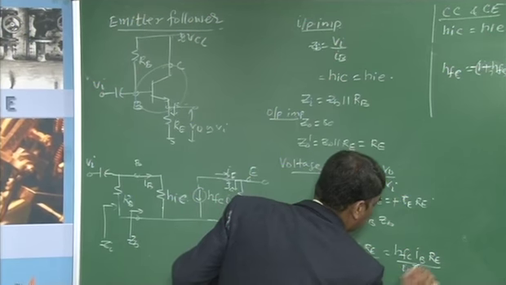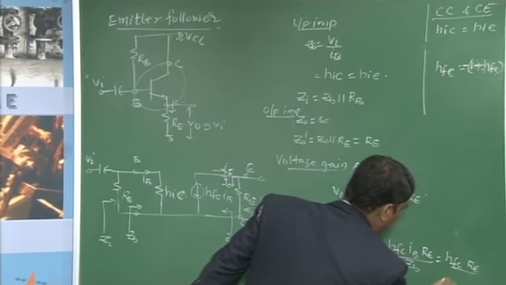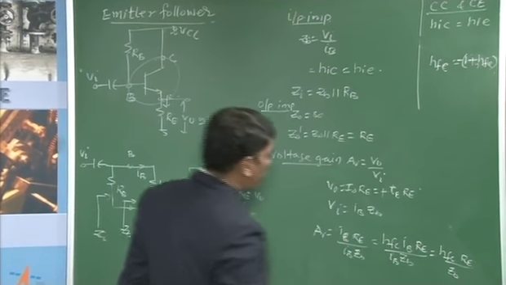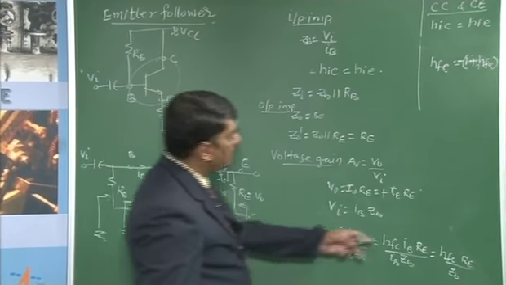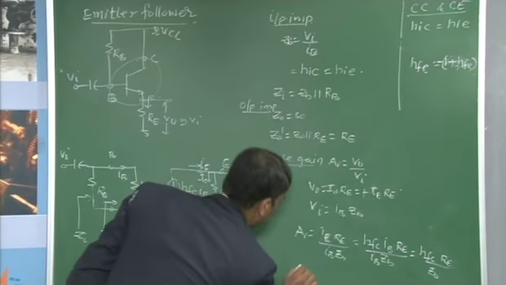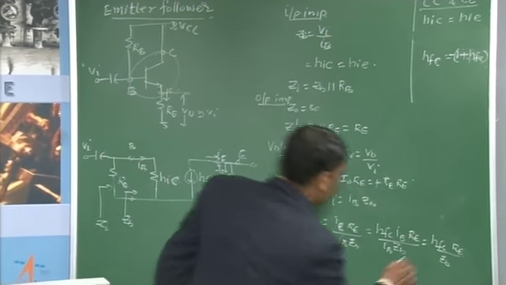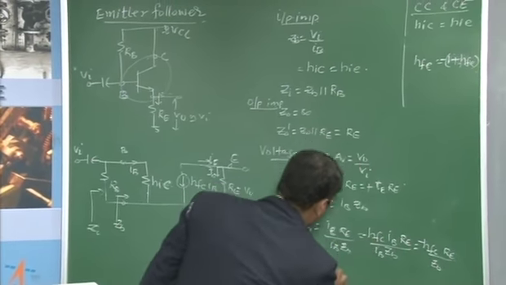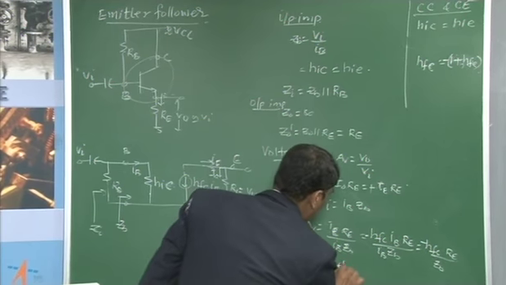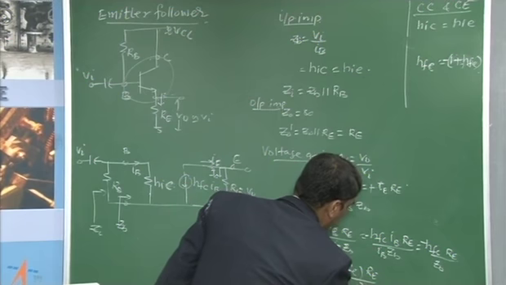This is equal to HFC RE divided by ZB. Then the voltage gain AV, where HFC is equal to minus of 1 plus HFE. If you substitute, this is a negative current, then minus into minus gives plus 1 plus HFE times RE by ZB.